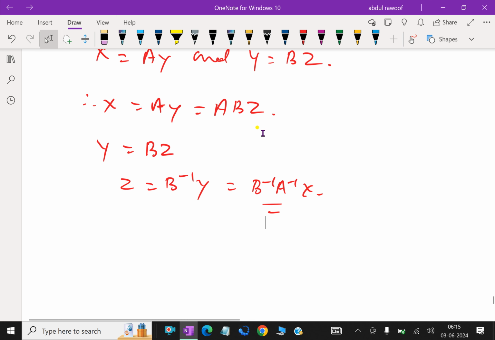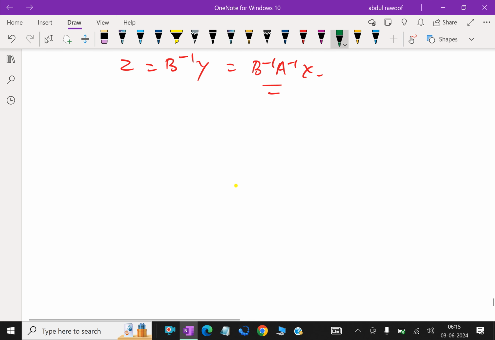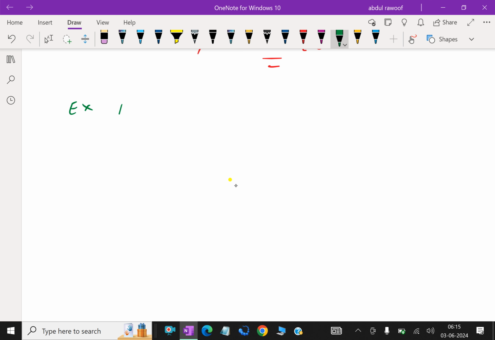Then next question. Here the condition A squared is given as 4A minus I. Find A inverse.